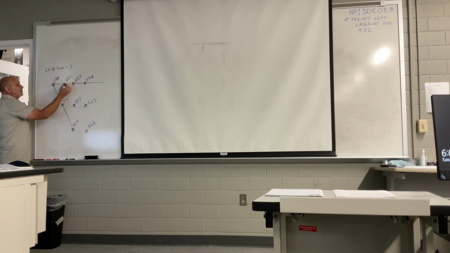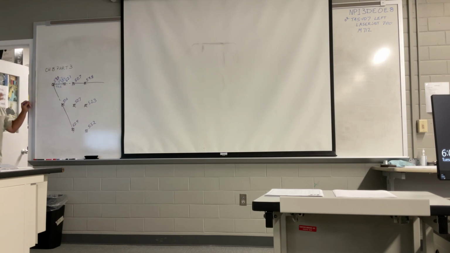So if I start at 52.1, .2, .3, .4, .5, there's one of my intervals. 52.5, .6, .7, .8, .9, .0, there's another interval. 53.0, .1, .2, .3, .4, .5, there's another one. 53.5, .6, .7, .8, I'm at my point.